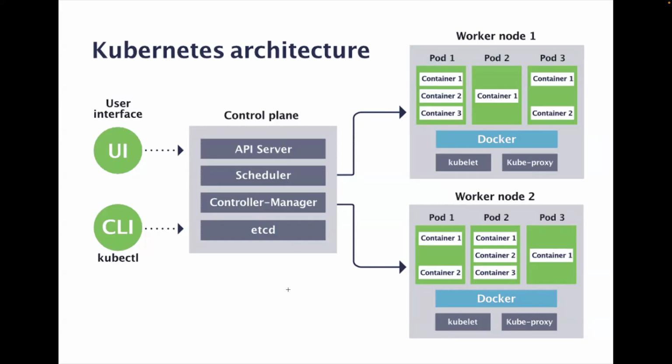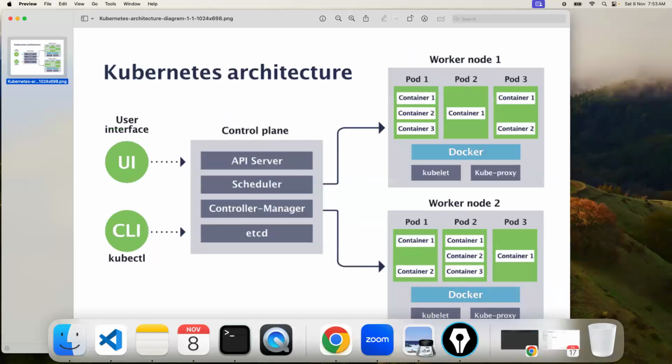Okay, as we understood the architecture, let us get into the cluster setup. Kubernetes cluster setup can be done in multiple ways on multiple platforms, like on-prem. It can be done on any cloud, like on AWS or Google Cloud Platform or on Azure.